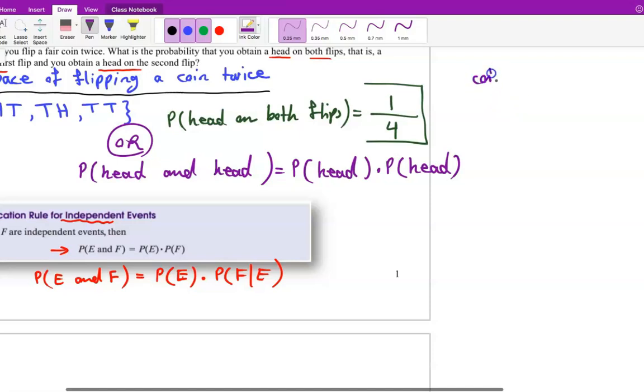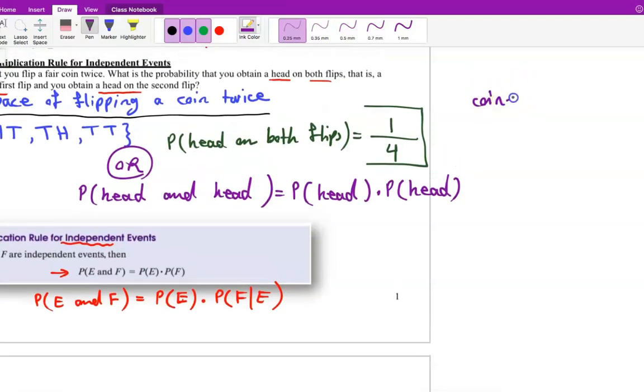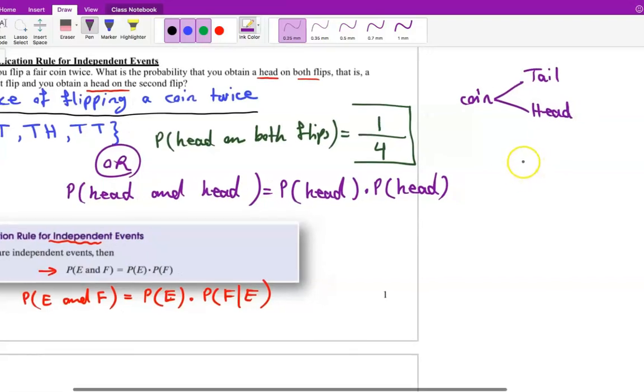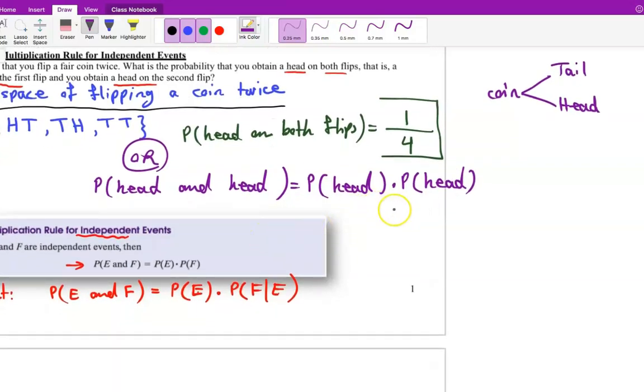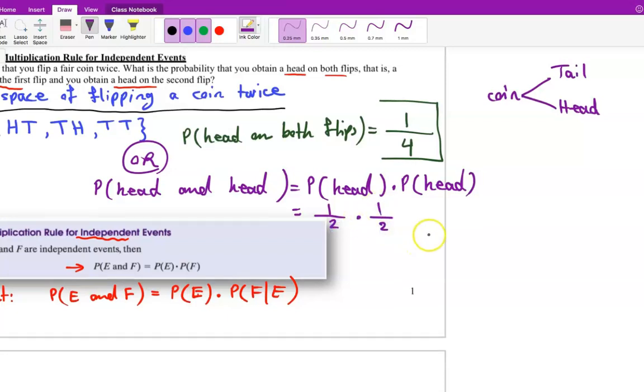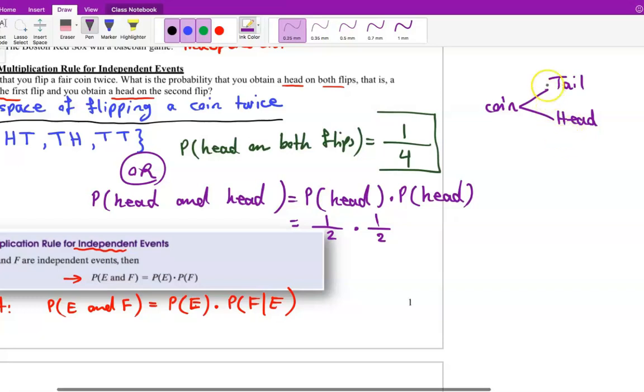When you flip a coin, you have two possibilities: one is tail, the other one is head. So we treat each one as 1 out of 2. That's why here probability of head is 1/2. The chance for each one is 1 out of 2 because we have 2 possibilities here. And the answer again is 1/4.